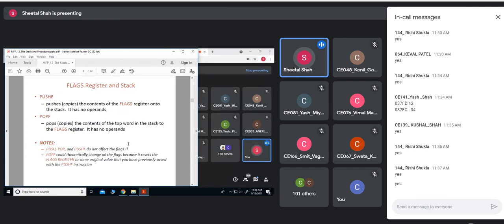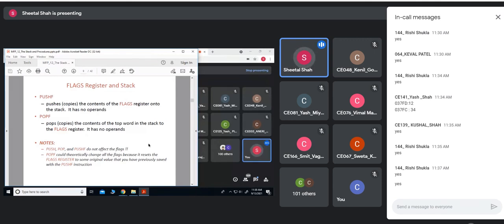As we have push and pop instructions for the registers as well as for the memory, we also have a flag register. Suppose while we are using some procedure, it might be possible that the status of the flags would vary, it might be changed by the procedure.